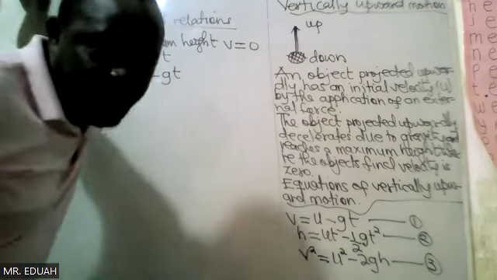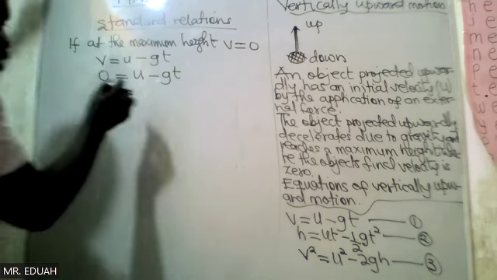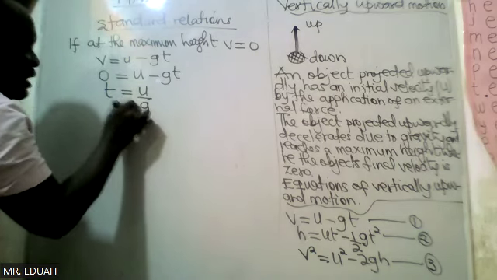Okay, Elizabeth. T is equal to u over g. Good. So t is equal to u over g.